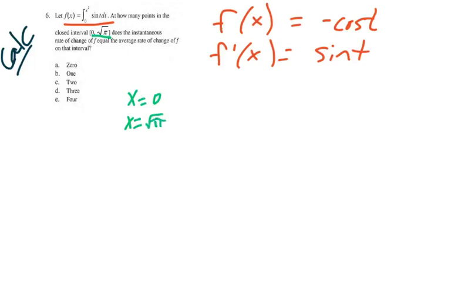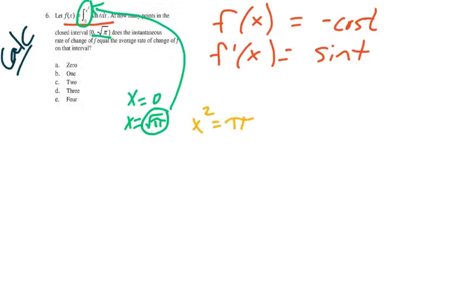However, what's important to note is that in the antiderivative statement, we're actually not just going from one x value to another. We're going from 0 to x squared. So if I plug this x value into my antiderivative bounds, I actually have to take x squared of this term, and so I get pi here.